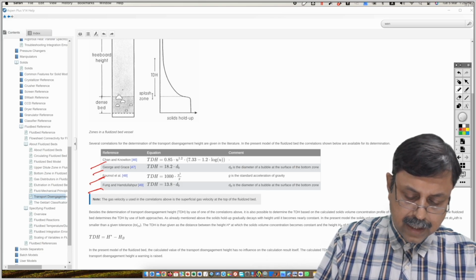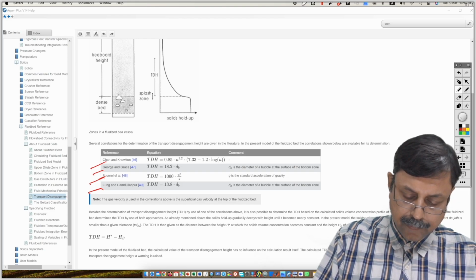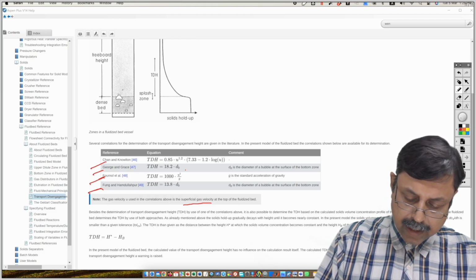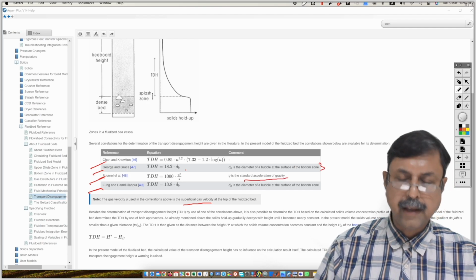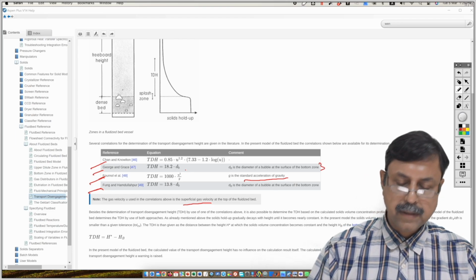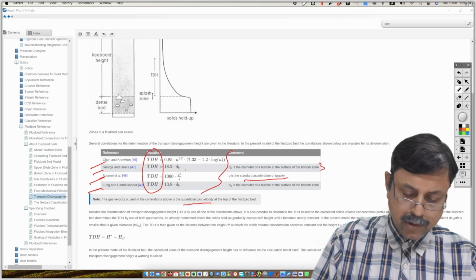There you'll find that TDH, or transport disengagement height, is a function of U, dB, or G, where U is the superficial gas velocity at the top of the fluidized bed, dB is the diameter of the bubble at the surface of the bottom zone, and G is the standard acceleration due to gravity, 9.81 meters per second squared. So this is how the TDH is calculated based on them.